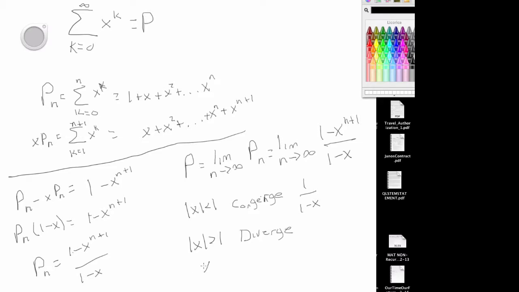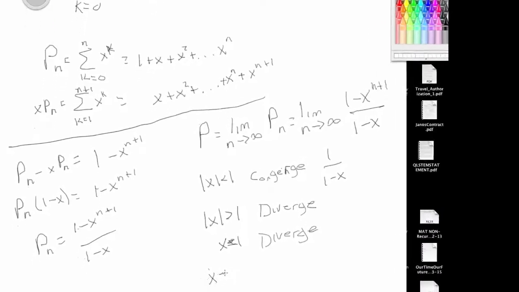Now if x equals 1, well, we're adding up power 1 a bunch of times, and that is certainly going to diverge.